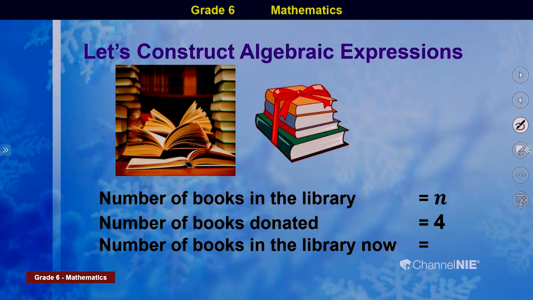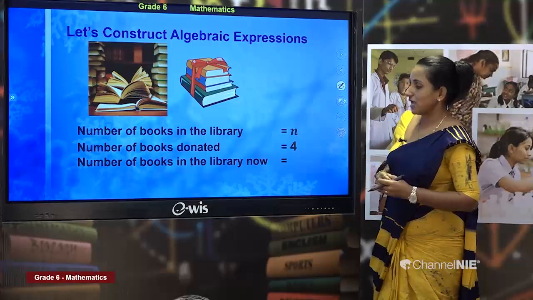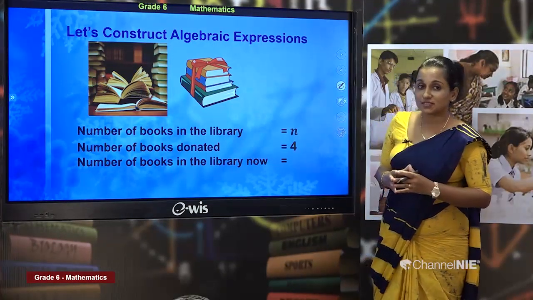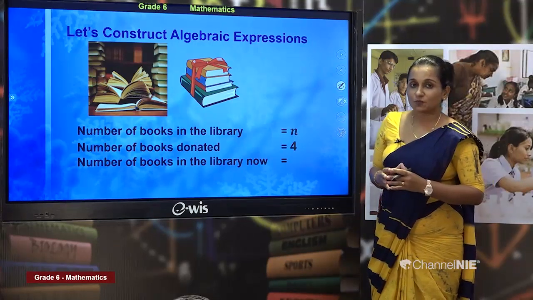Number of books in the library is an unknown. Therefore, we have to use an algebraic symbol for that. Here I used n. Then the number of books donated is 4.